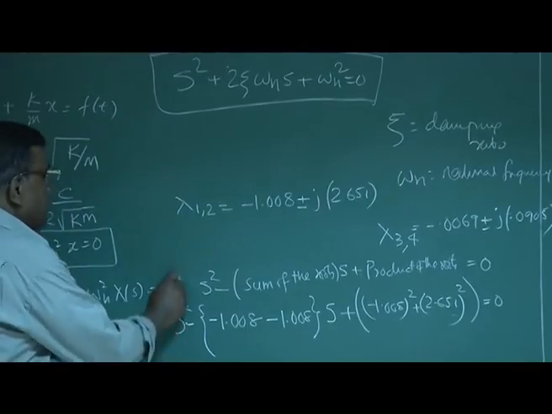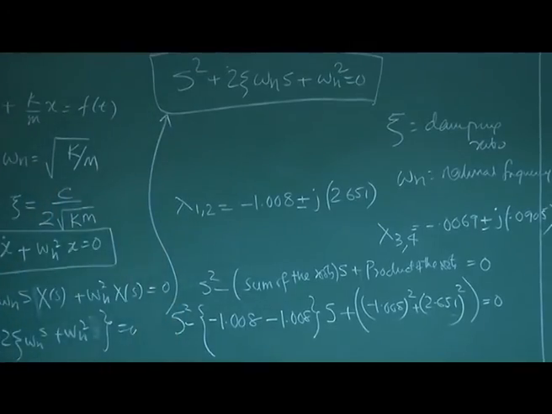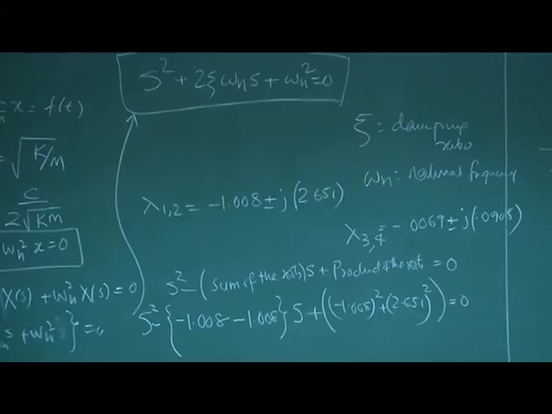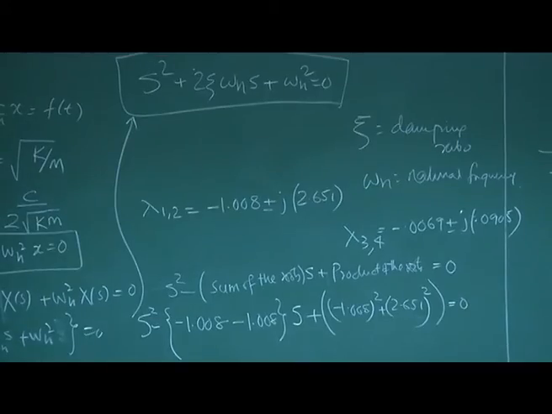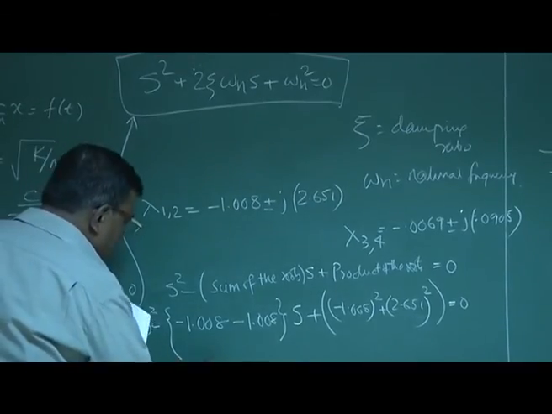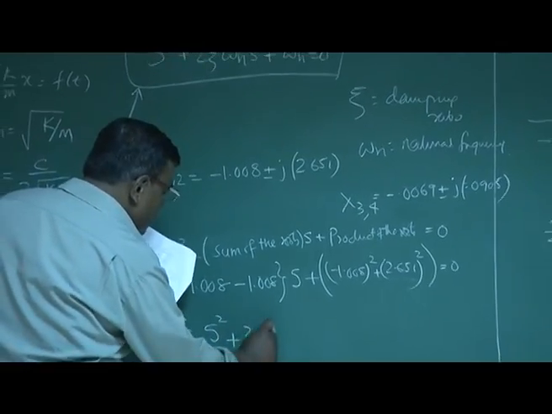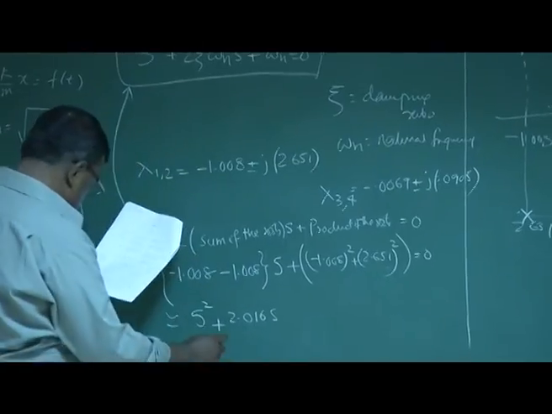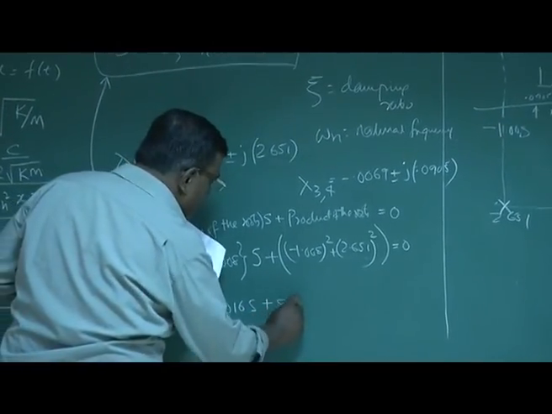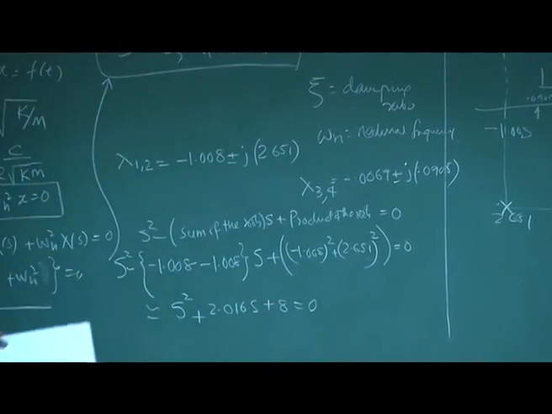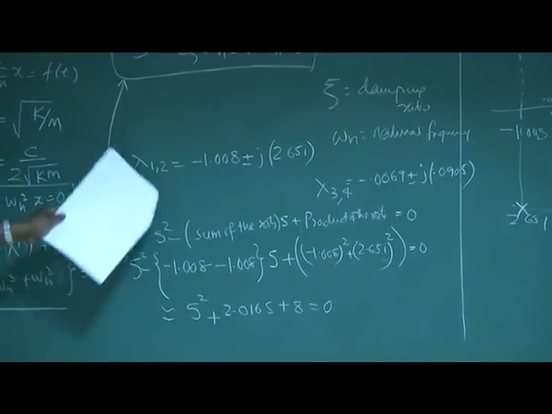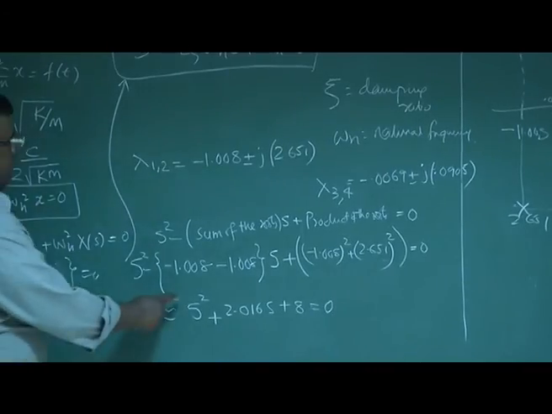Now you compare this with the standard form to get zeta and omega n. If I do a rough calculation, I can write this as approximately S square plus 2.016 S plus roughly 8 equal to 0. The moment I get this equation from these two roots, I compare it with the standard form.